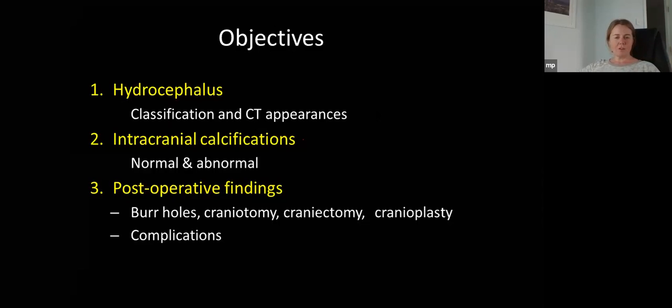For the intracranial calcification on CT, I thought it would be worth starting with what you would normally see in patients on CT before we move on to the abnormal findings of calcification. And then next week, we'll talk about burr holes, craniotomy, craniectomy and cranioplasty, and some of the complications for each of those.